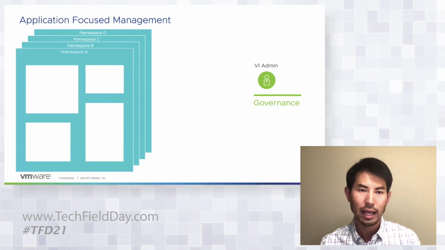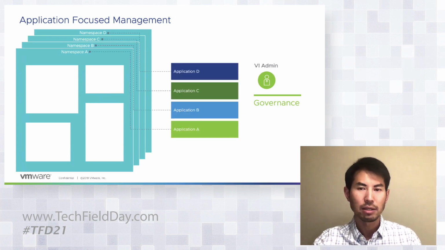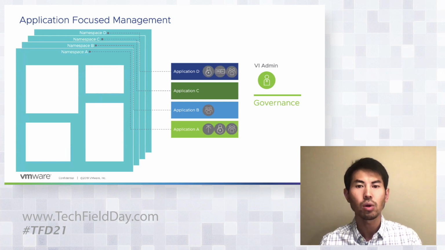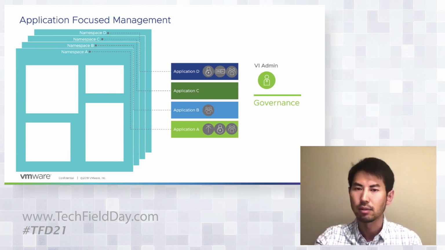So you have far fewer objects to manage. Within the namespace, the developer groups can do everything self-service. When you look at a list of namespaces, you are looking at a set of business applications. So it's much easier to decide which application is more important and which one needs to be encrypted and so on.